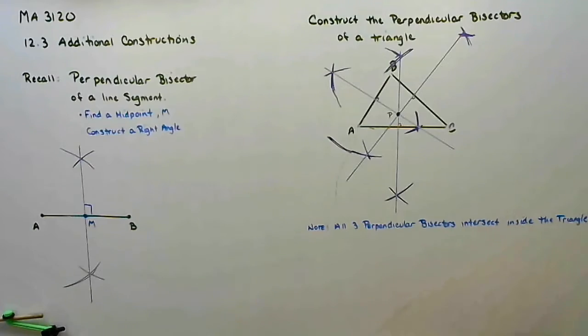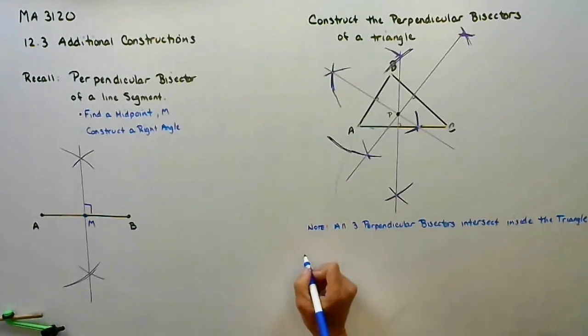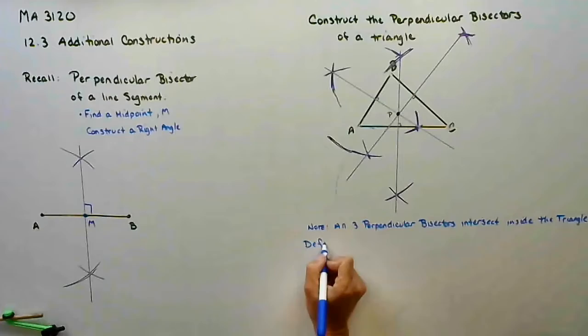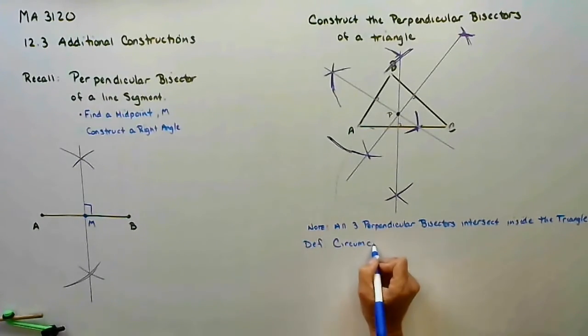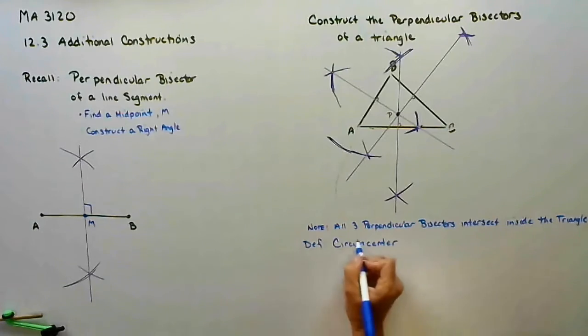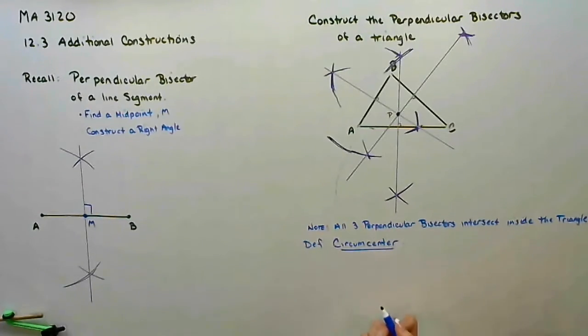All right? Now, we have a name for that point of concurrency. This time it's called the circumcenter. So the circumcenter is the point of concurrency of perpendicular bisectors.